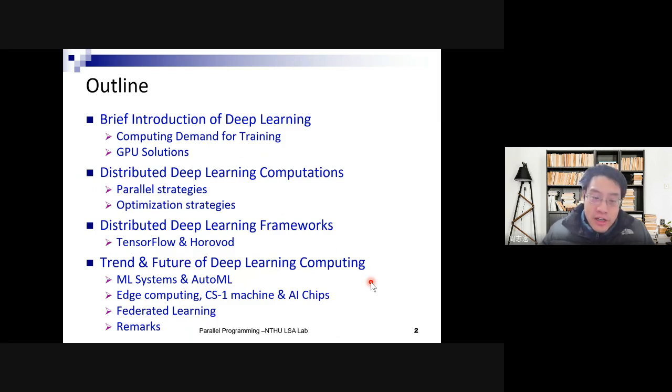Okay, not just focusing on designing a model or just thinking about how to train a model, how to tune the parameters. There are a lot more problems you need to overcome in order to provide real AI products.